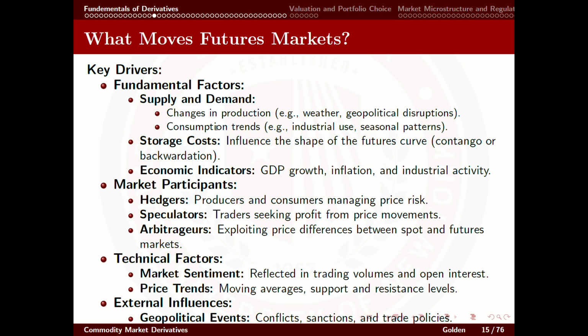So what moves futures markets? How do futures markets move? How does the market respond to changes in supply and demand? Obviously, changes in production, whether geopolitical disruptions affect supply, or changes in consumption like industrial use and seasonal patterns affect demand.